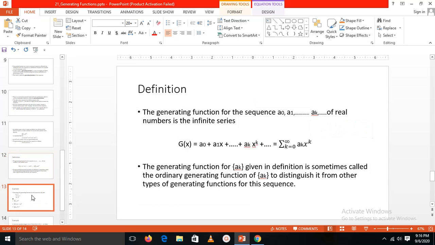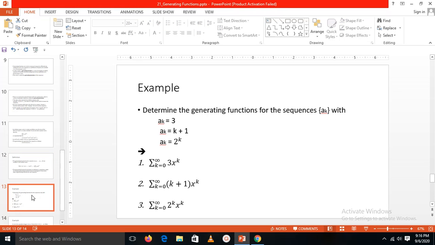See here one example: determine the generating functions for the sequences ak with the given values. We have to find the generating functions for all these sequences. The first sequence is ak equal to 3. How can we write the generating function for this?